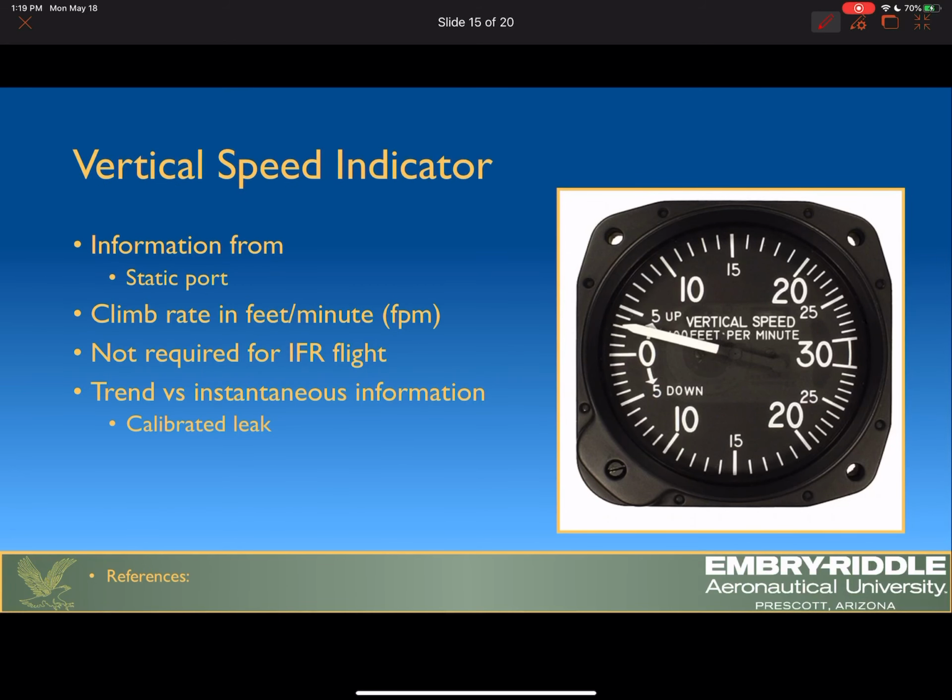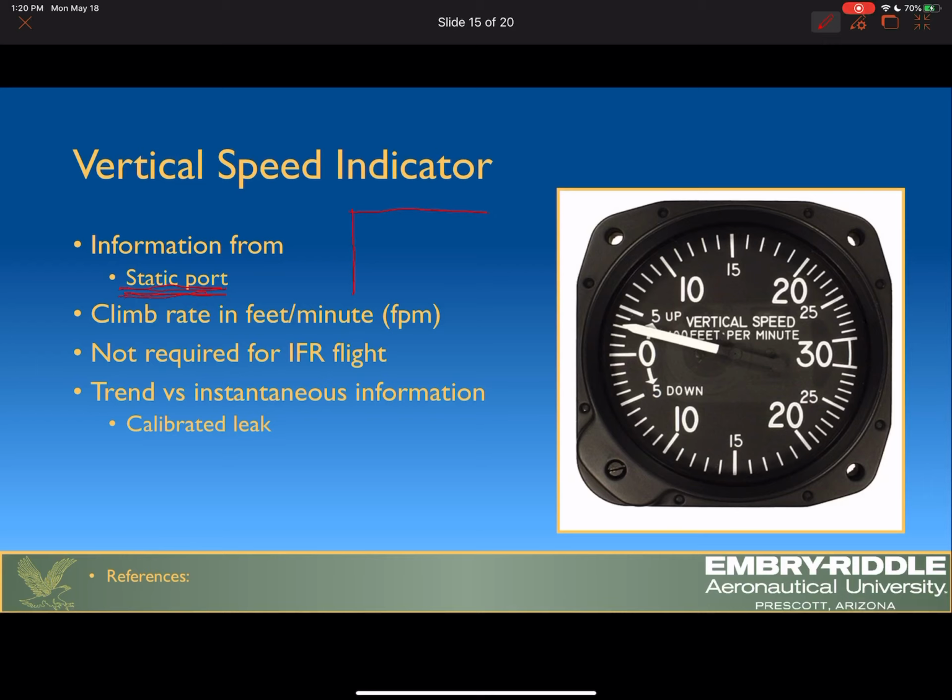All right, let's talk about the vertical speed indicator. Again, the vertical speed indicator gets information from the static port. Now, I don't have a diagram of the internal workings of the vertical speed indicator here, but if you remember, it works very similarly to the altimeter, except there's one difference.